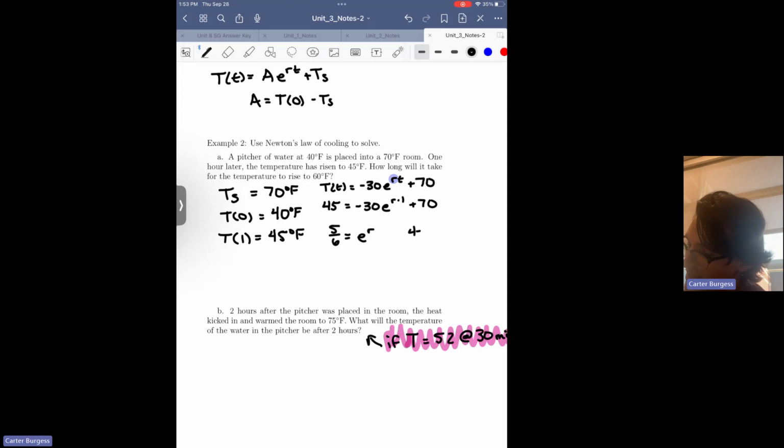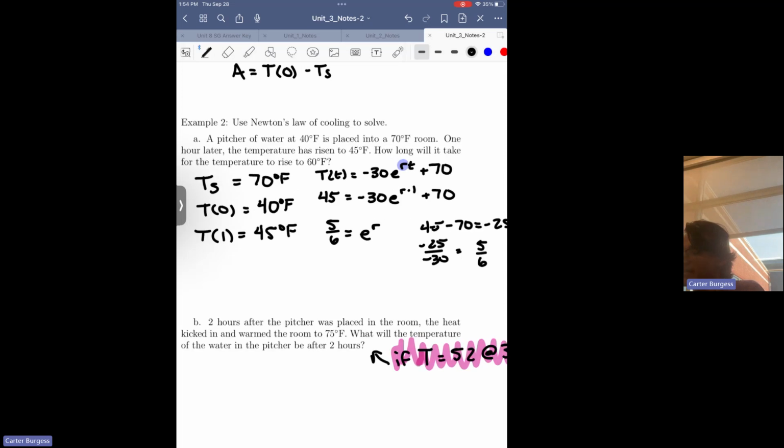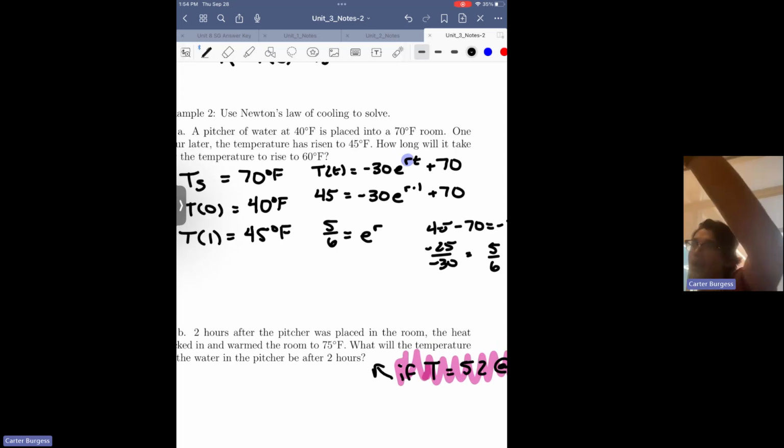And the reason we're doing that is to get this exponential bit, that e to the power of whatever, on its own. In this case, e to just the power of r, which is nice.